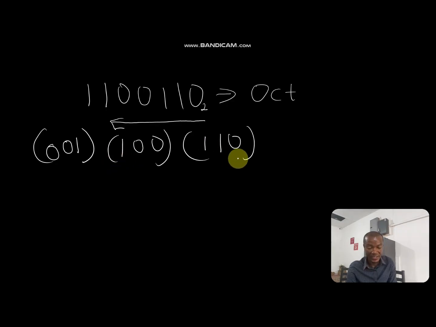So I change them to decimal. In changing them to decimal, this will be 1 2 4, and here is 0, so it's 4 plus 2. This place will give me 6, this place will give me 4, and this place will give me 1. So my answer is 146 base 8.